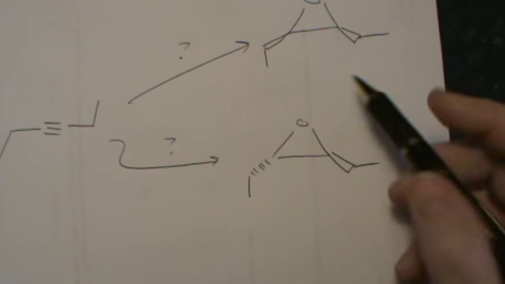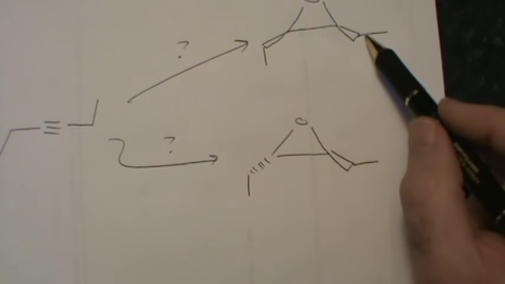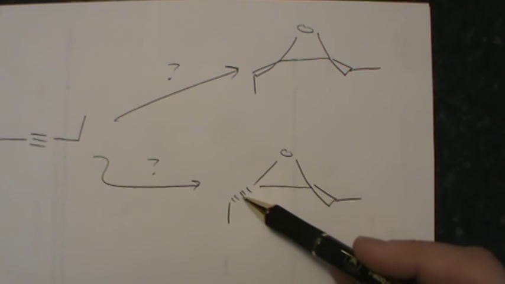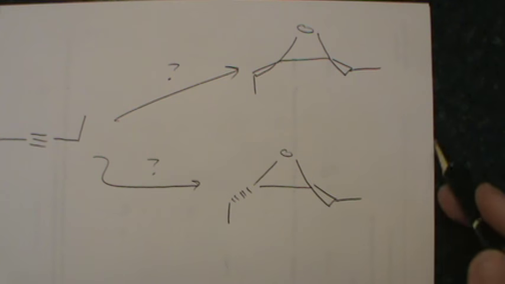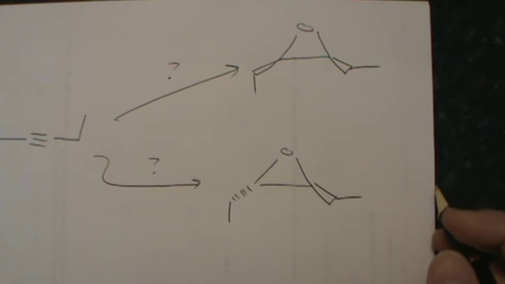And in one case, I want a cis stereochemistry. The two ethyl groups here are cis with respect to one another. And in the other case, I want to have a trans stereochemistry. The two ethyl groups are trans with respect to one another. So how do I go about doing these two syntheses?